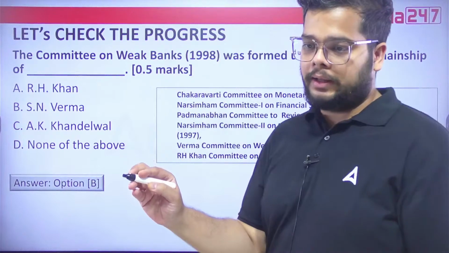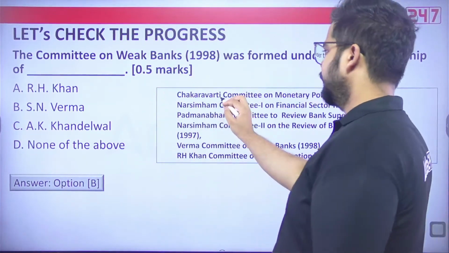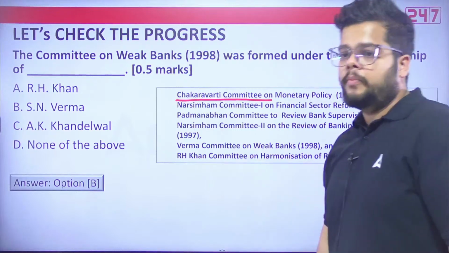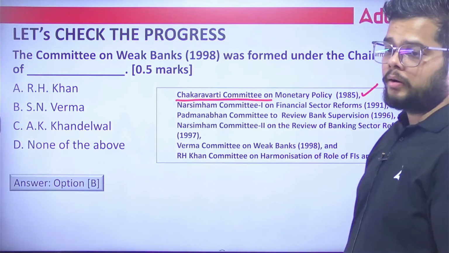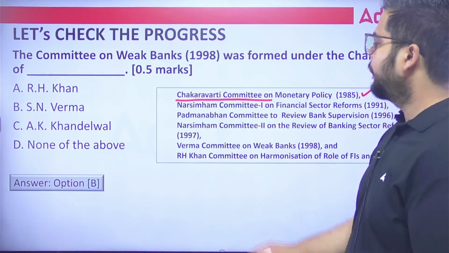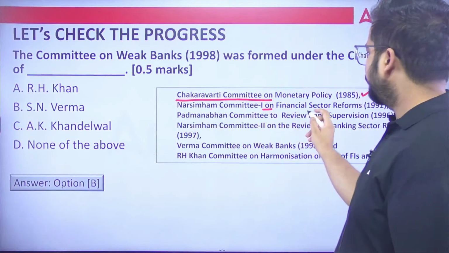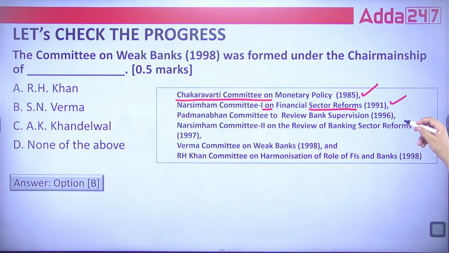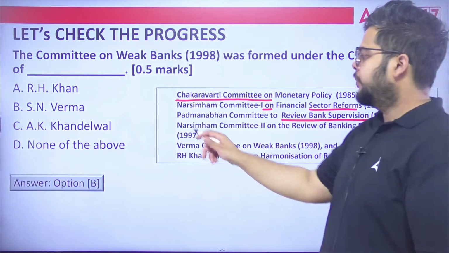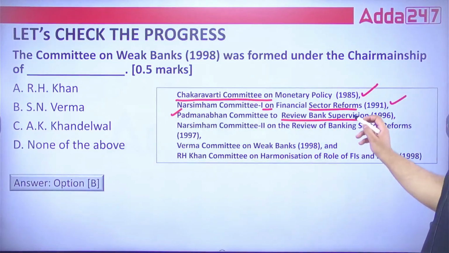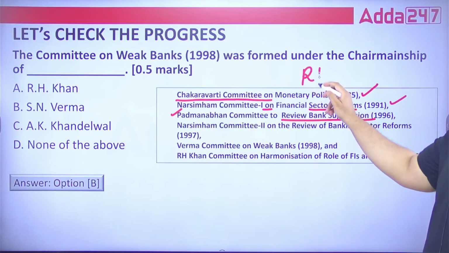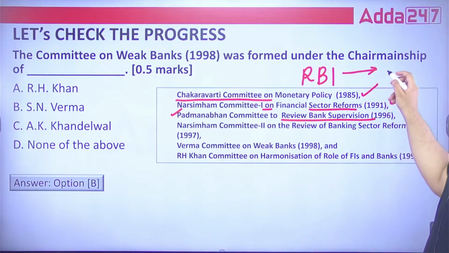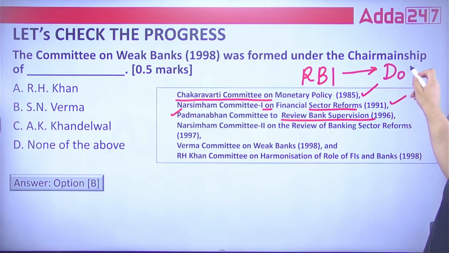The most important committee after the Narasimhan Committee 2 will be this one, hands down, Chakravarti Committee on Monetary Policy. The recommendations came out in the public domain in the year 1985. Then we have Narasimhan Committee 1 on Financial Sector Reforms, 91. Another important committee for the review of bank supervision was headed by Mr. Padmanabhan, and this particular committee was also responsible for the department of RBI, that is Department of Banking Supervision.